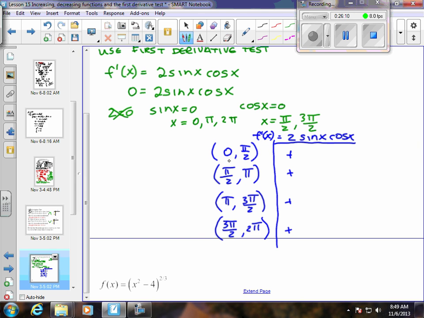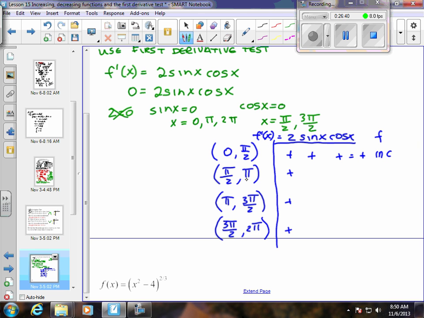I need to pick a number between 0 and pi over 2. Think of that as quadrant 1, right? The sign of something in quadrant 1 is positive. How about the cosine? So in that interval, this function has a positive derivative, which means f increases.